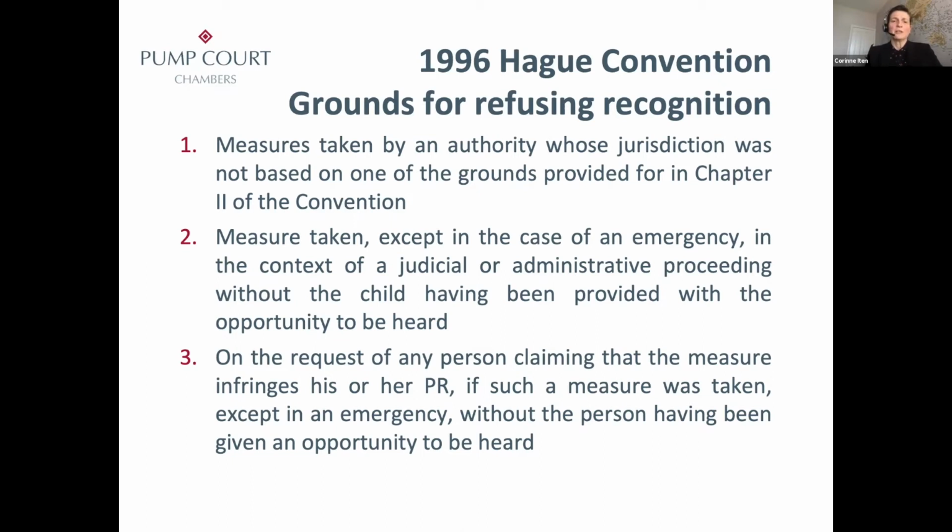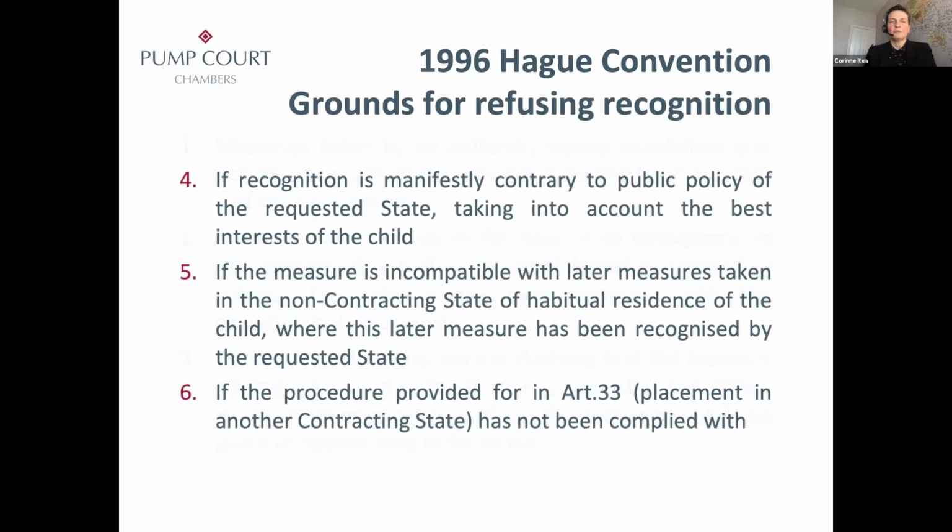The third is similar to that, except it's a person with PR not being heard, again, except in the case of an emergency. The fourth ground is if recognition is manifestly contrary to public policy of the requested state, taking into account the best interests of the child.